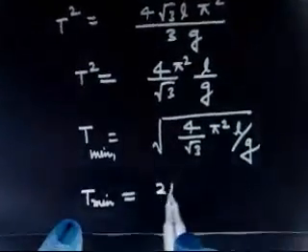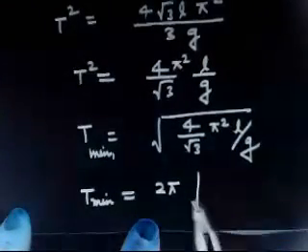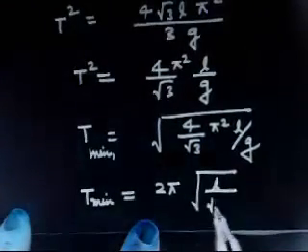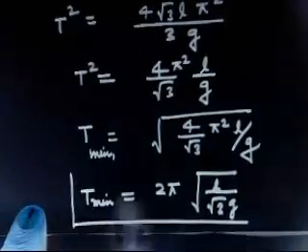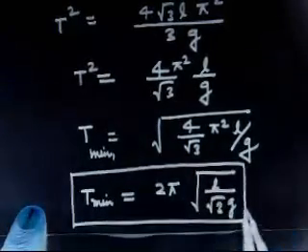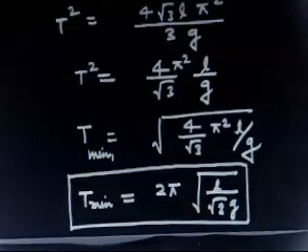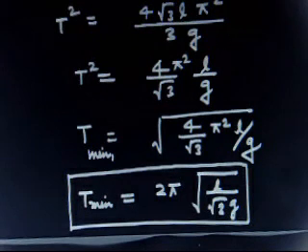So I will have 2 pi under root L under root 3z. Are you getting? So this is the minimum time period that is possible in this case. So if you have a rod that is suspended through a point in the rod, you will get the minimum time period, that is 2 pi under root L by root 3 into z, and this minimum time is possible when h is equals to L by 2 root 3.